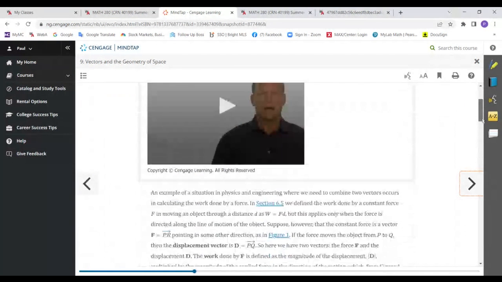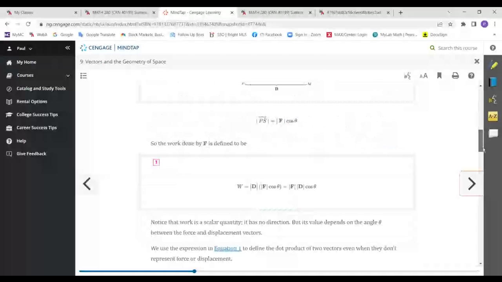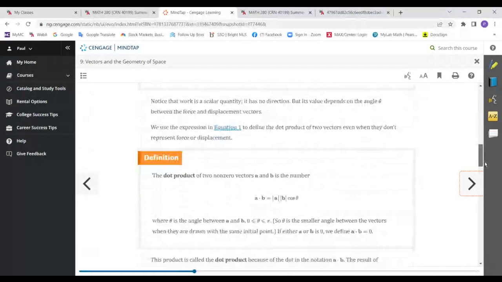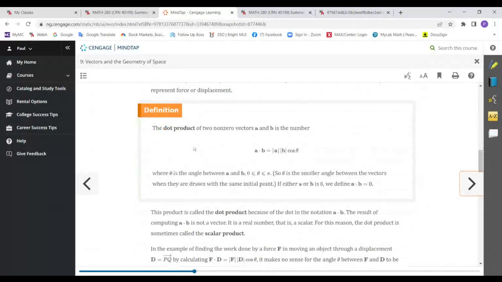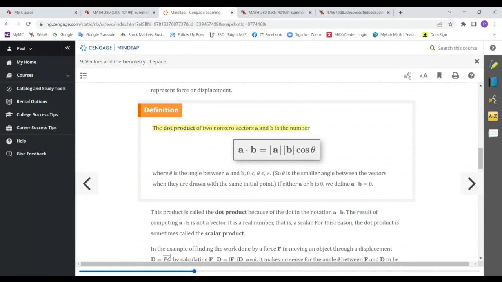Let me go down here a little bit in the ebook. This is the definition of the dot product between two vectors. Notice that in the definition here, A and B are in bold letters. That means those are vectors, and then there's a dot between them.